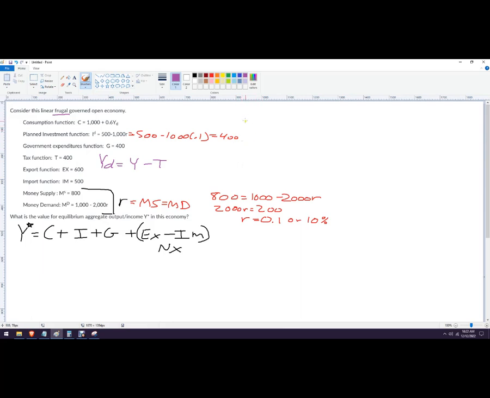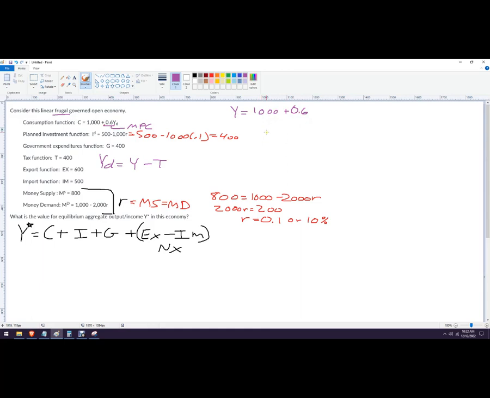Okay, so let's just start plugging stuff in that we know. So we know Y. Now we need to know C. So it's 1,000 plus 0.6, which we're going to call the MPC, the marginal propensity to consume.